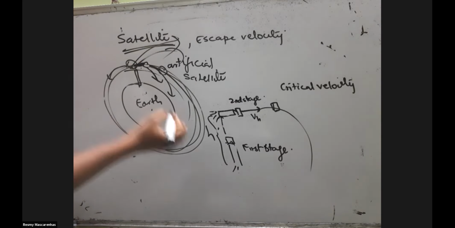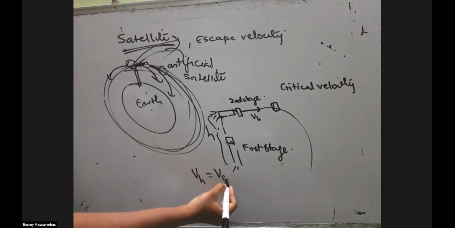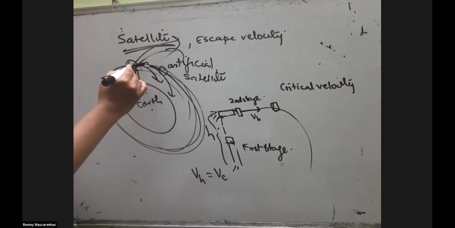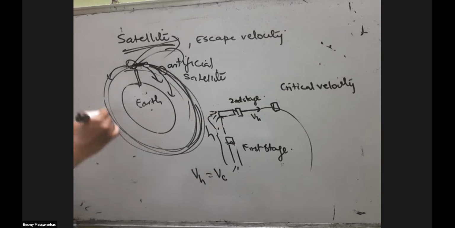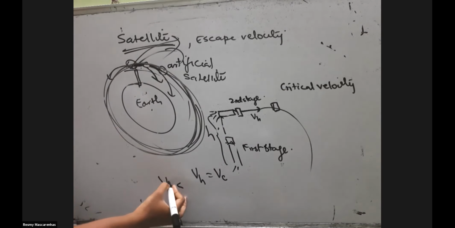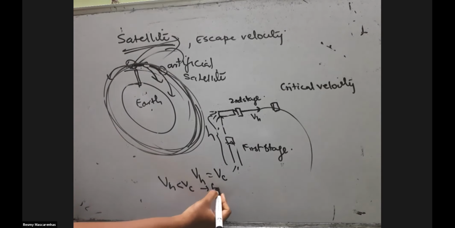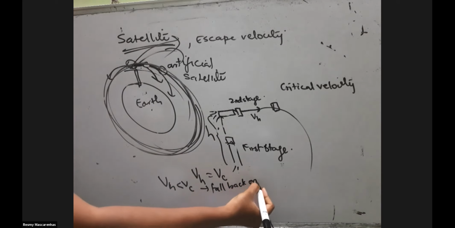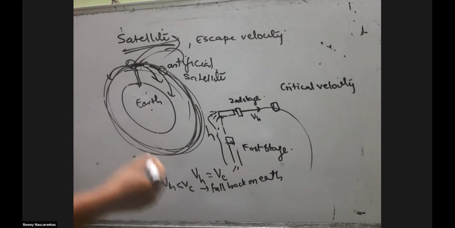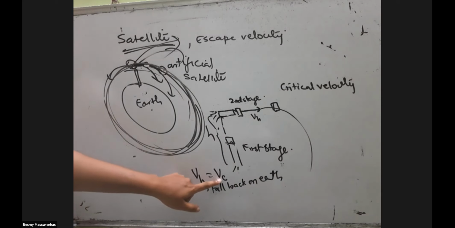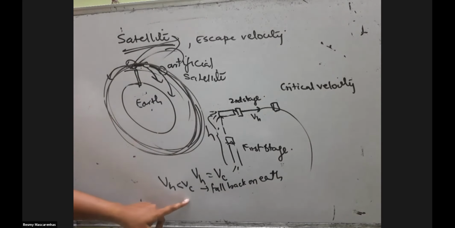The third case is when the horizontal velocity is exactly equal to the critical velocity, the orbital velocity, then it will remain in the orbit. So three cases: less than this, it will fall back on Earth; exactly equal, it will revolve; and when it is greater, it will escape out and move outside the Earth.